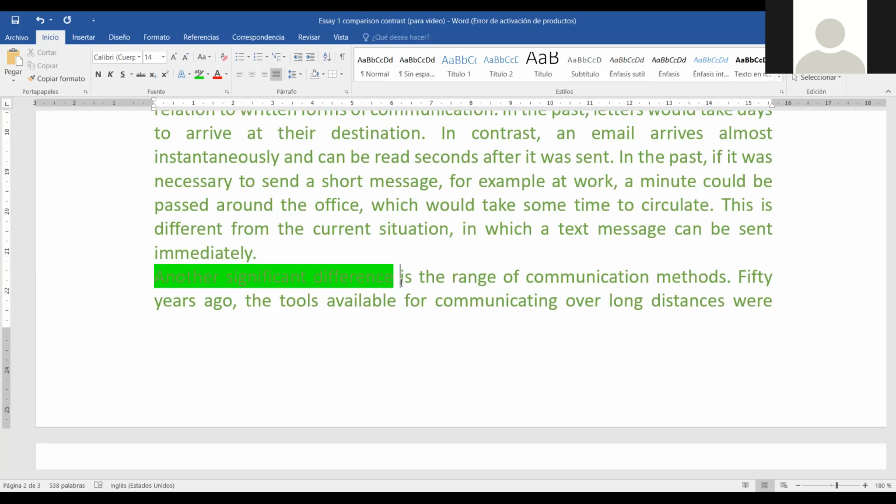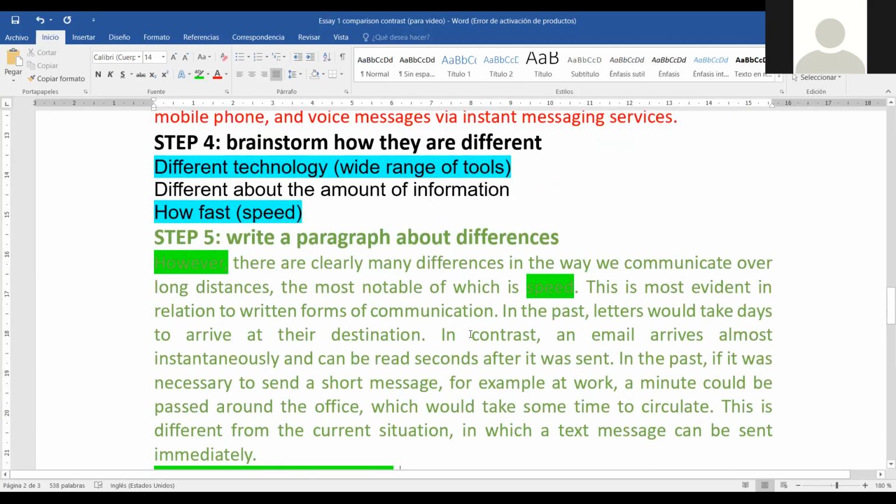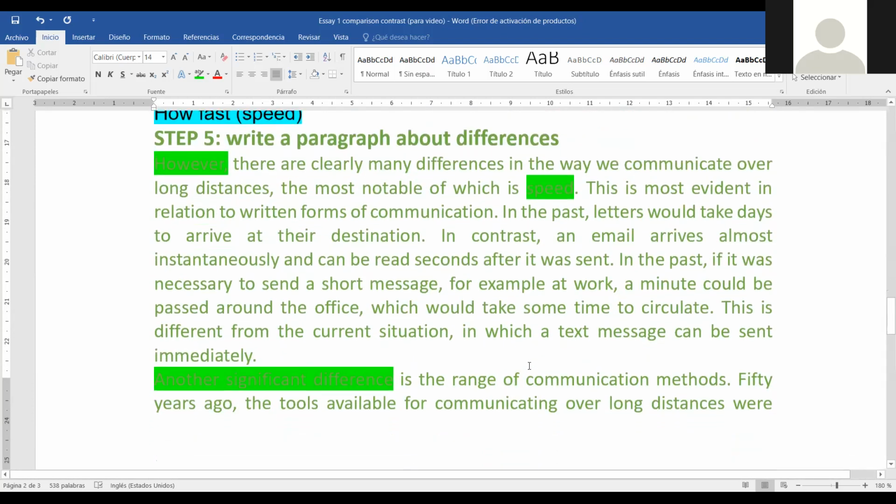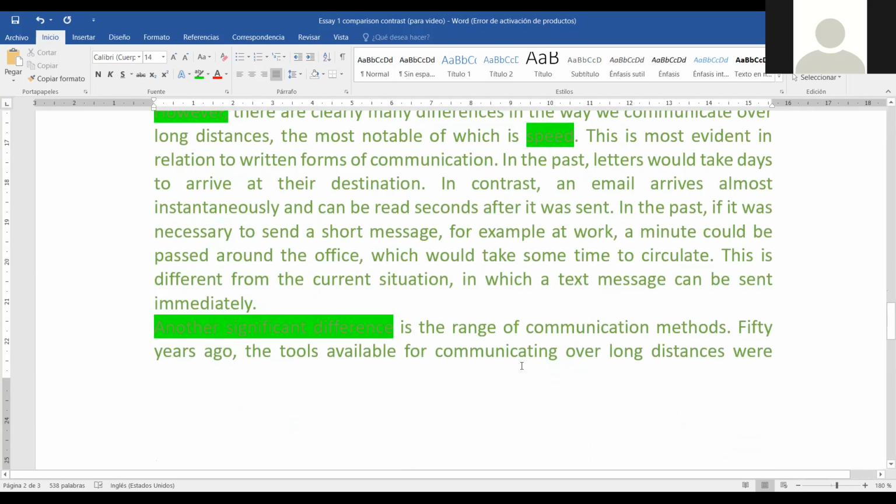Is the audience going to be able to understand me if I say, for example, I'm going to talk about the speed? Is he going to understand? Wouldn't it be better if I say, however, one difference is the speed, because in that way it's more manageable to understand the information you want to say. If you have another difference, you have to mention it.